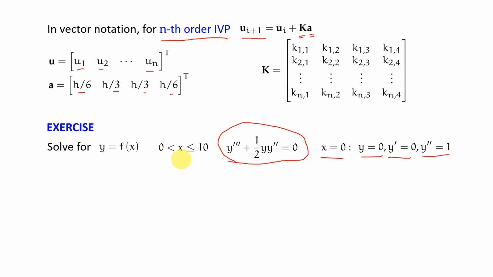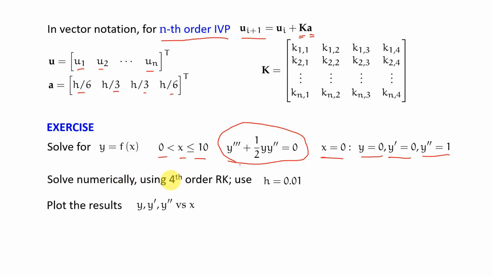I want to solve this equation for x going from 0 to 10. I'll discuss this equation in a little more detail, but if you have studied fluid mechanics, you know that this type of equation is useful in the solution of the laminar boundary layer over a flat plate. But even if you don't know this physical application, you can still solve this equation and check the results.